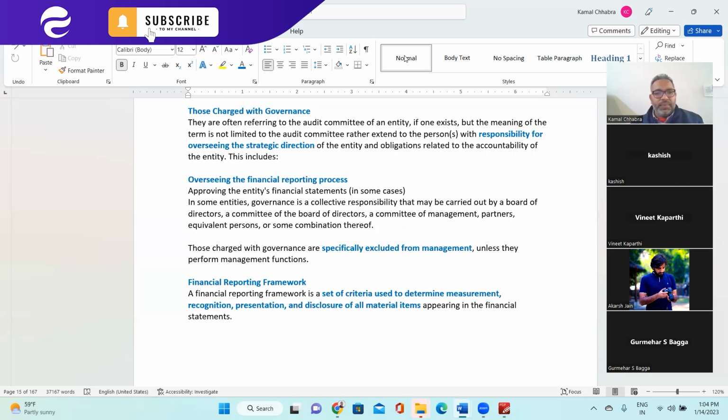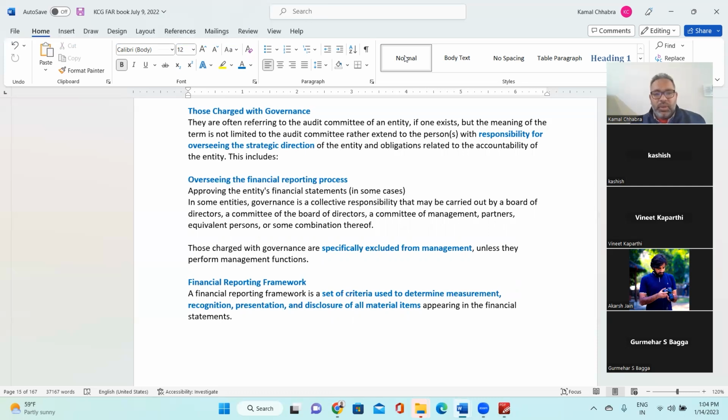But the meaning of the term is not limited to the audit committee; rather, it extends to the person with the responsibility for overseeing the strategic direction of the entity or obligations related to accountability of the entity, which include overseeing the financial reporting requirement.